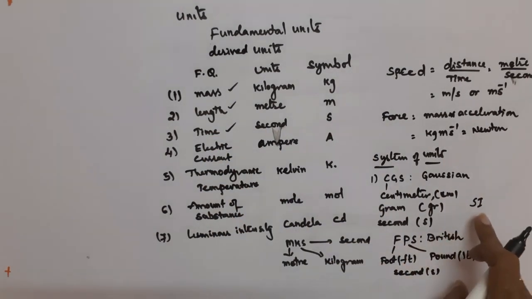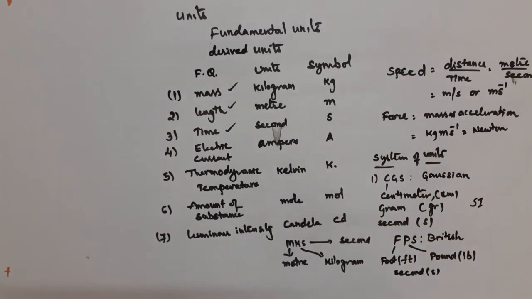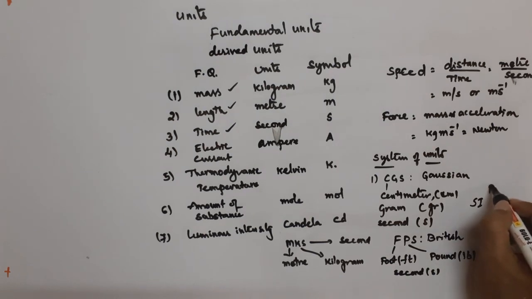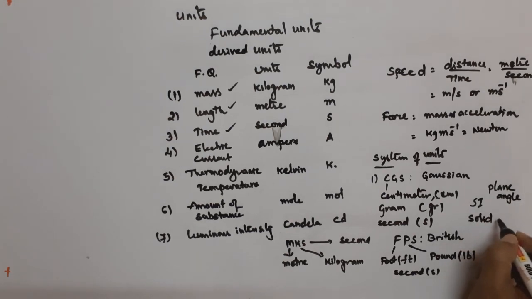In addition to these 7, 2 more quantities are added. One is plane angle, and the second one is solid angle.